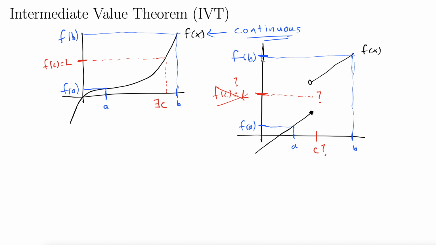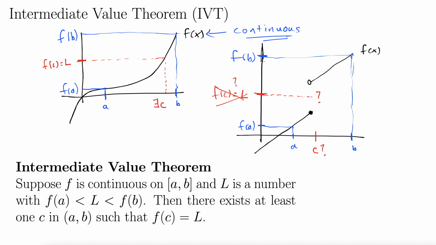So note that continuity is one of the more important features of this theorem. Okay, let's take a look at this theorem as it's actually written. So here's the intermediate value theorem in words and mathematics.